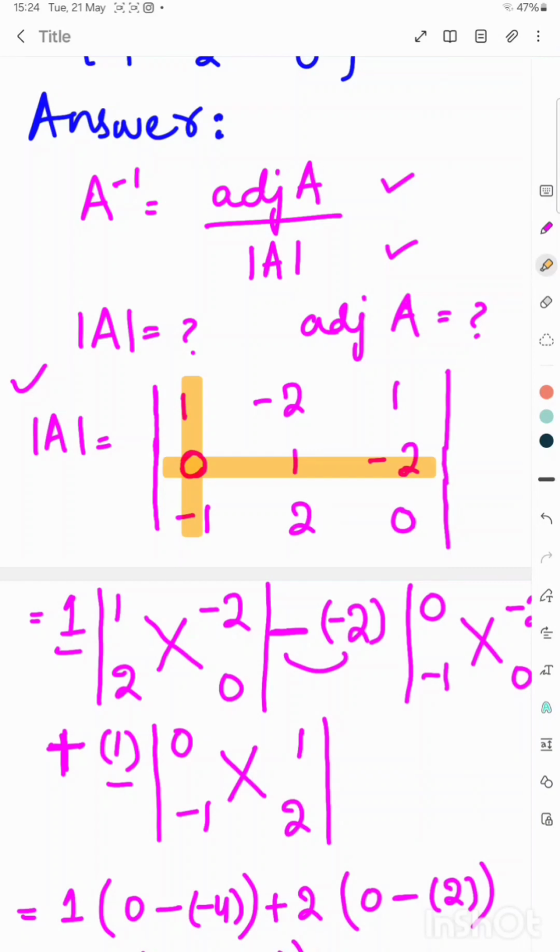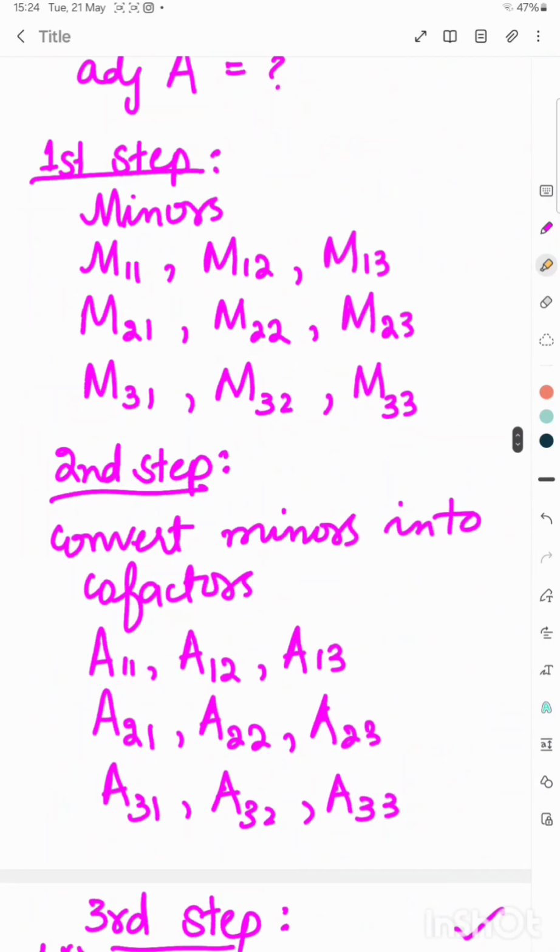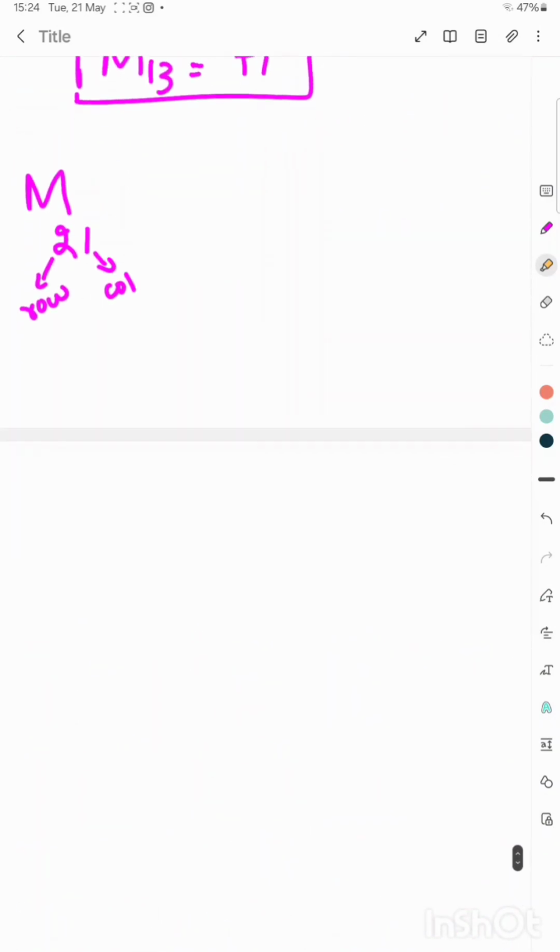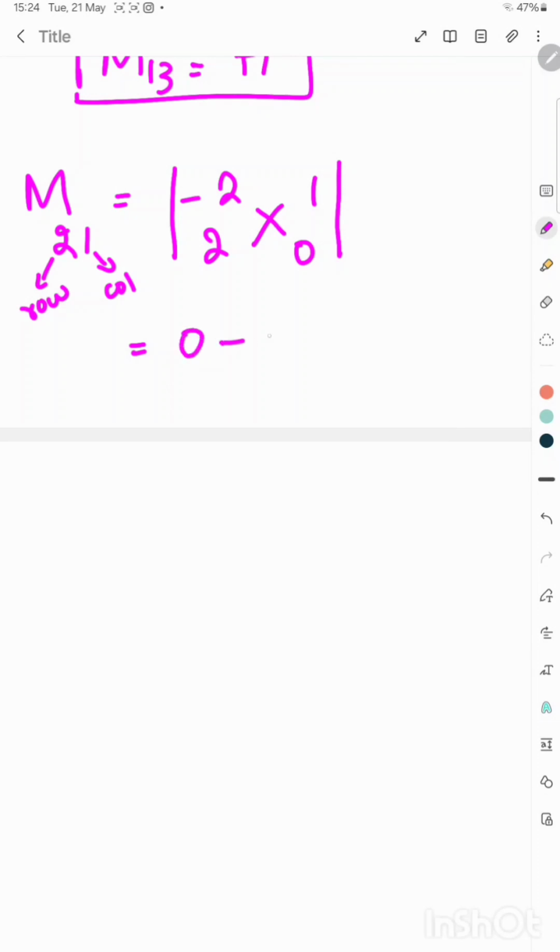I will cross multiply both of them and put the negative sign between them. So minus 2 multiplied by 0 is 0 and minus 2 ones are 2. So here I get minus 2. So M21 is equal to minus 2.